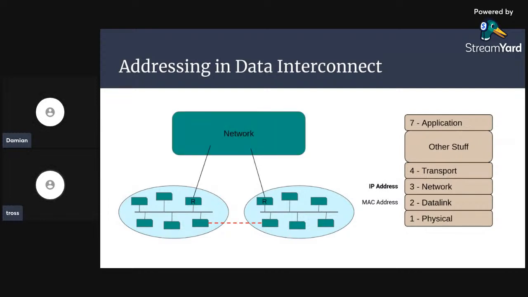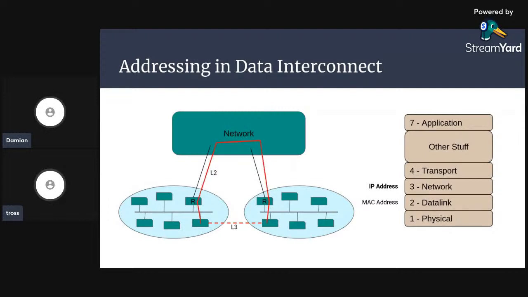But we solved that problem by elevating the abstraction, from the MAC address to the IP address. We introduced a new address as a way to reference things that we wanted to talk to. What that did for us is it allowed us at layer 3 to think of this box as being able to directly talk to that box because it could use an IP address to talk to it.